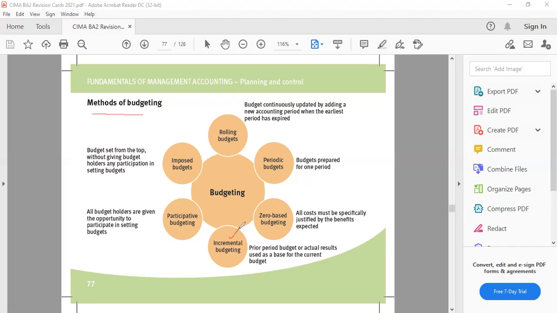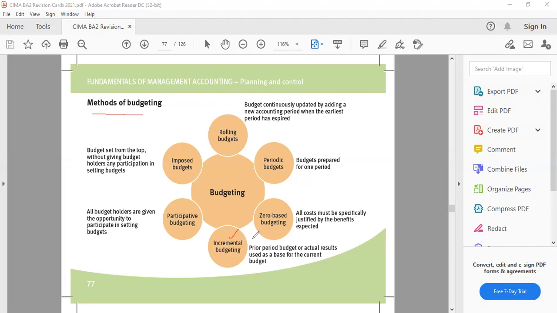Certain incremental changes are made to the past budgets and an incremental budget is prepared. That's the normal way of preparing budgets, so we call it incremental budgeting.